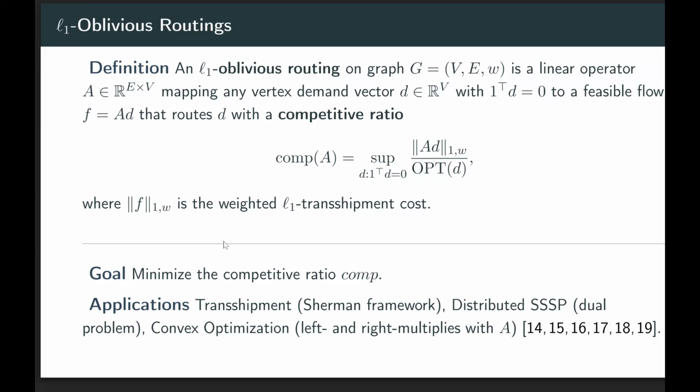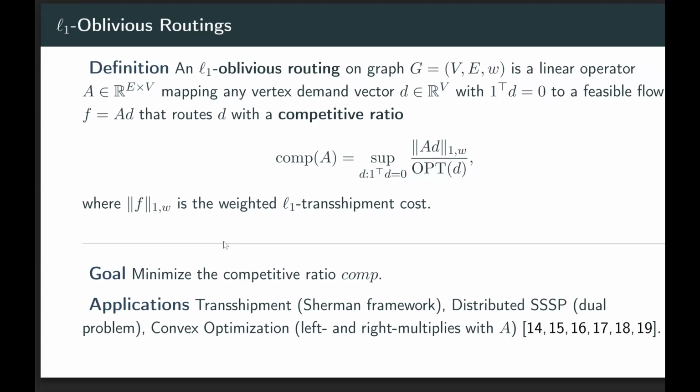Oh, so if you have D given as a 1 and a minus 1, and zeros everywhere else, then A gives you the ST flow for this. Right. And then F just becomes a summation of ST flows. And it turns out that the summation of ST flows can become log n competitive if you do the right algorithm, compared to the optimal flow that you could find when you know the demand.